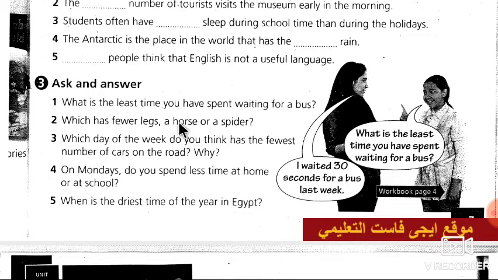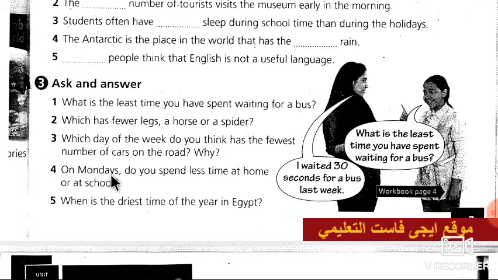We can say a horse has fewer legs than a spider. Number 3, which day of the week do you think has the fewest number of cars on the road and why? I think Friday. Friday is a day that has the fewest number of cars because it's a holiday.